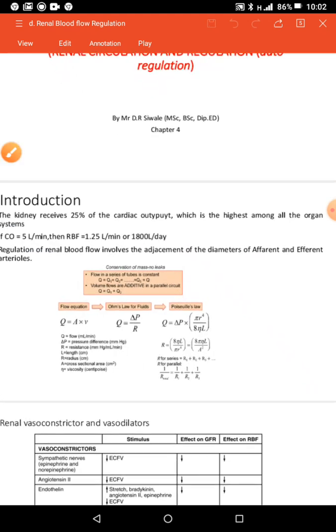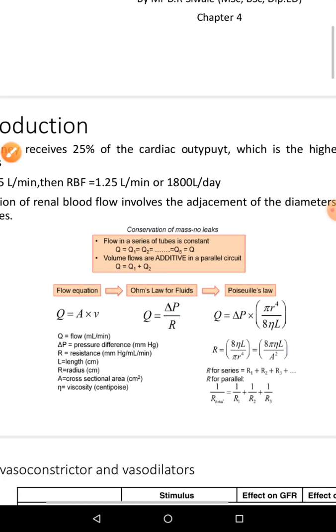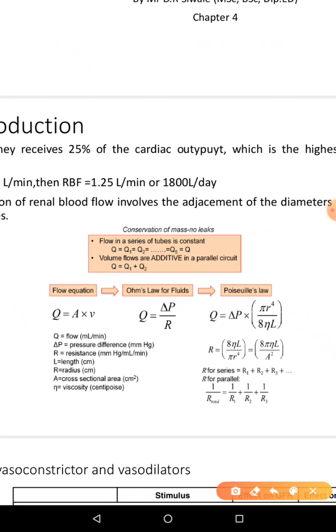If you remember this equation from the cardiovascular system, blood flow is equal to cross-sectional area over velocity. Okay. There's another equation here.